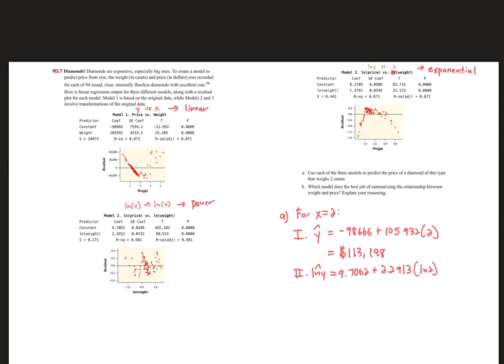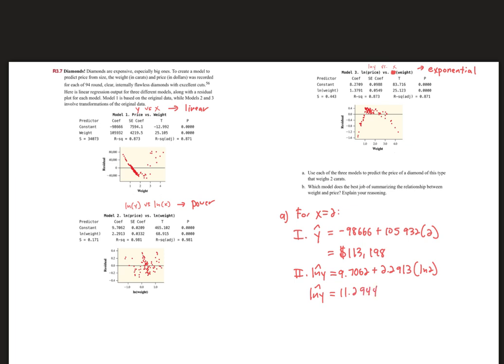If we simplify this, we get ln y predicted is 11.2944.